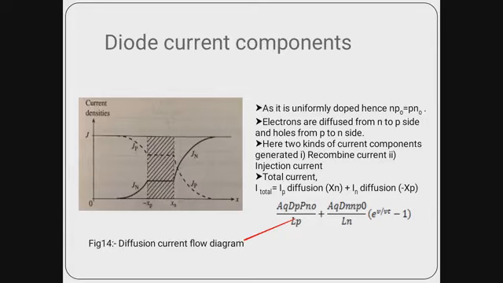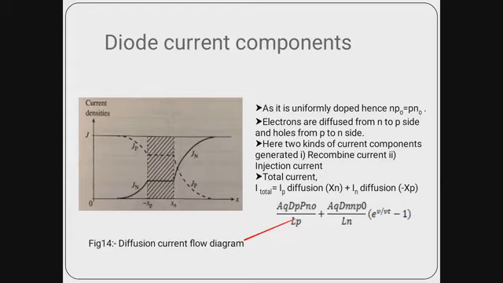A is the area, q is the charge, Dp is the hole diffusion coefficient, pn0 is the number of holes in the N-type semiconductor, and Lp is the diffusion length, the distance covered.